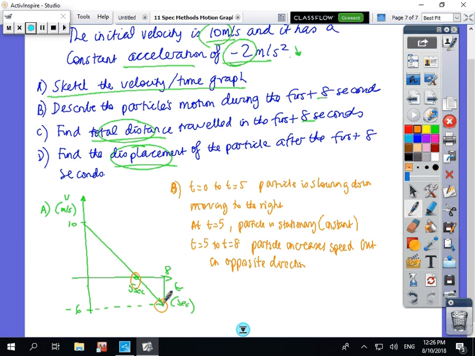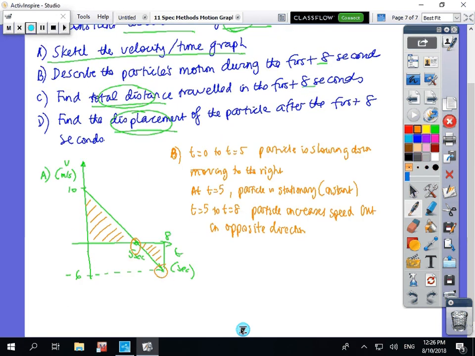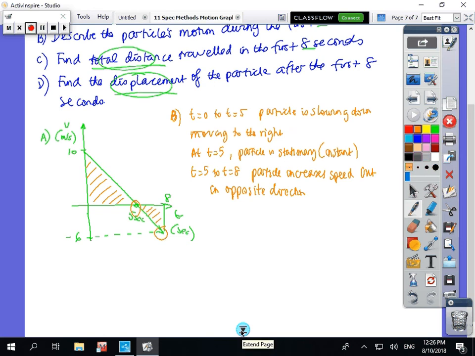Okay. C, find the total distance travelled. Well, the total distance will be the area there plus the area there. So that'll be the total distance travelled. Okay, in the first area it's a triangle, so it's half times base times height, so that's 25 meters.